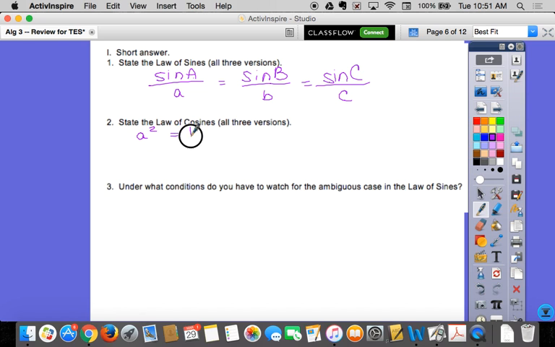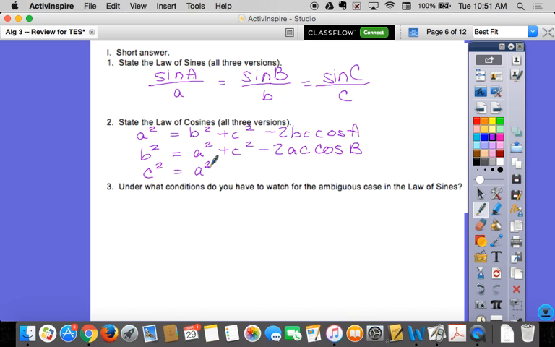You have a squared equals b squared plus c squared minus 2bc cosine of A. So there's one for every letter. And you just have to remember how to rearrange things. It is helpful to remember that the first part looks a lot like the Pythagorean theorem.